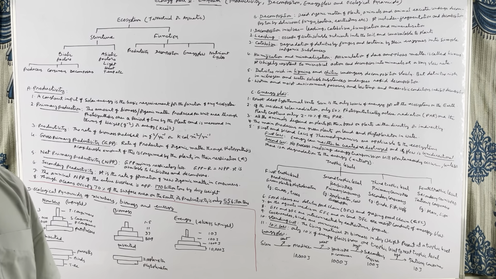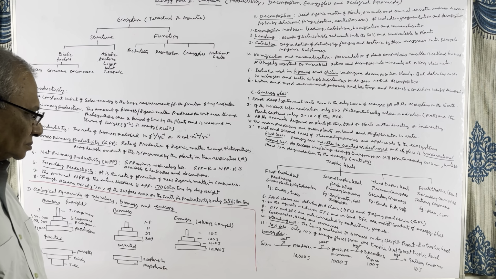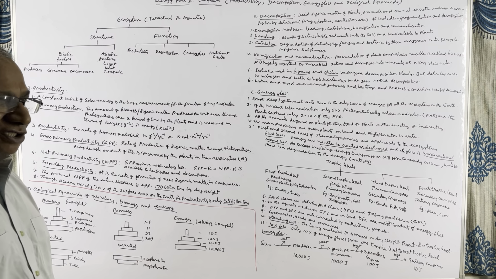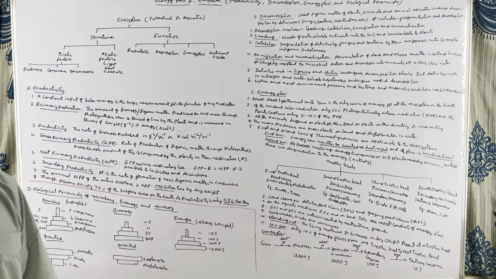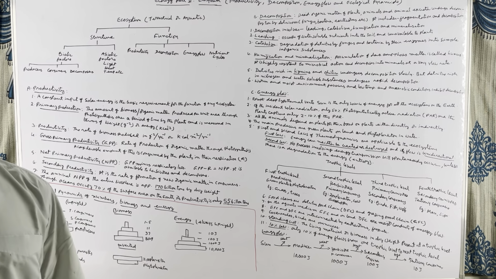Then there is one very important rule known as the 10% law. This is very important. How much energy is transferred from one trophic level to the next trophic level?